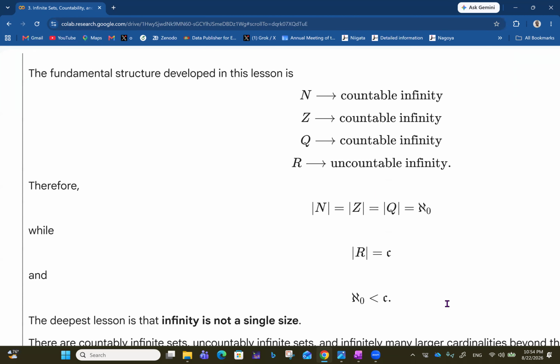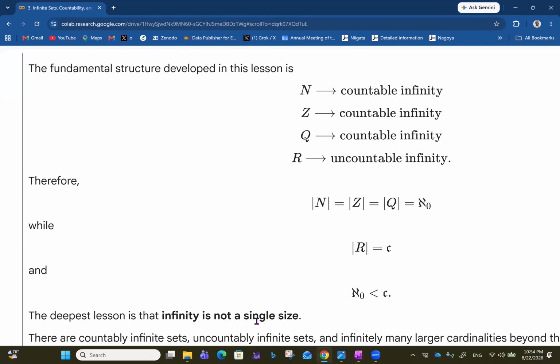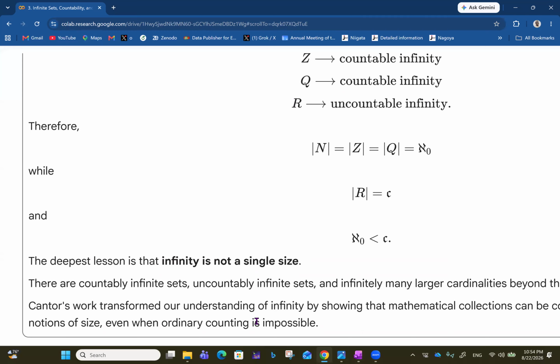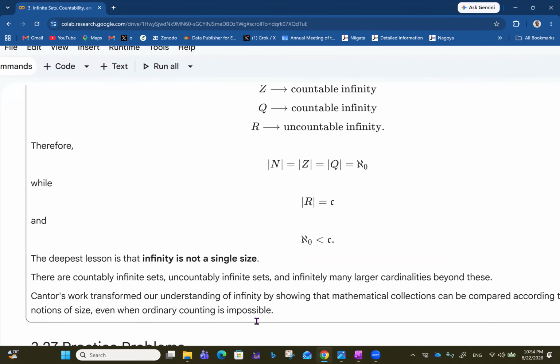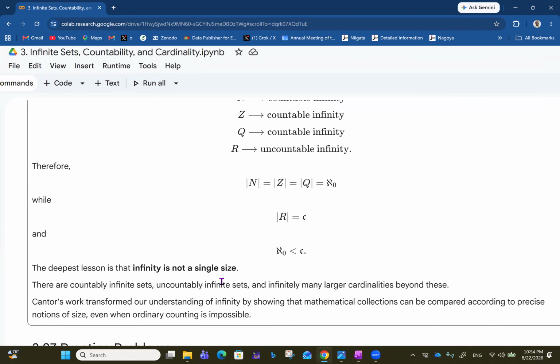So, the final conceptual picture of the fundamental structure developed in this lesson: natural numbers, countable infinity; integers, countable infinity; rational numbers, countable infinity; real numbers, uncountable infinity. Therefore, the cardinality of N is equal to the cardinality of Z, which is equal to the cardinality of Q, which is aleph zero, while the cardinality of R is C, and aleph zero is always less than the continuum cardinality. The deepest lesson is that infinity is not a single size.